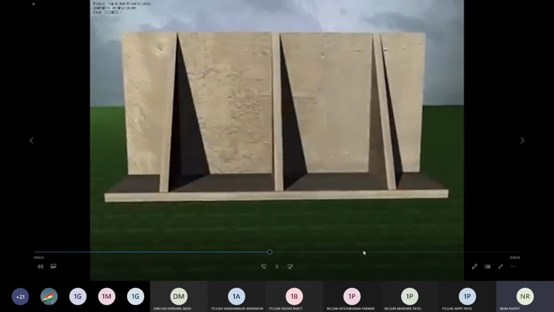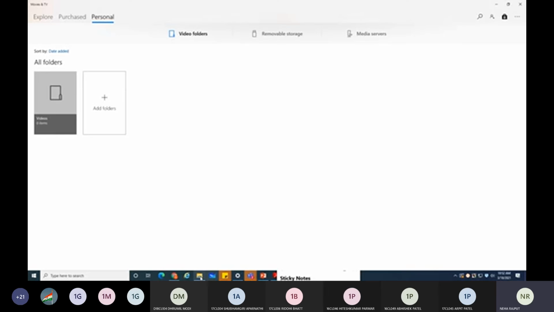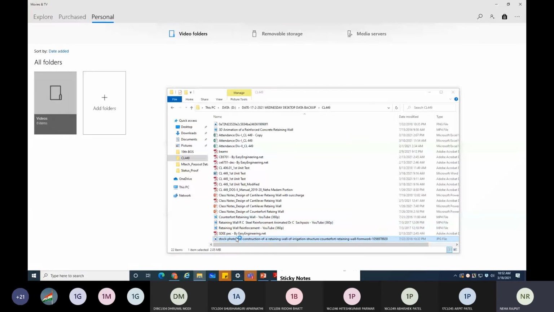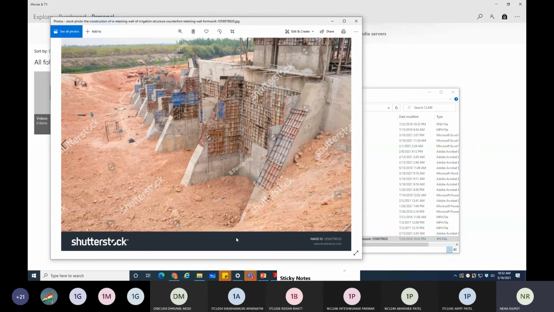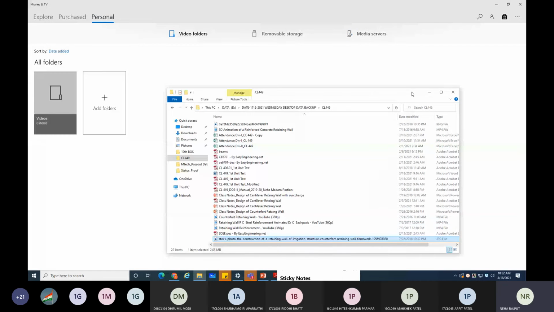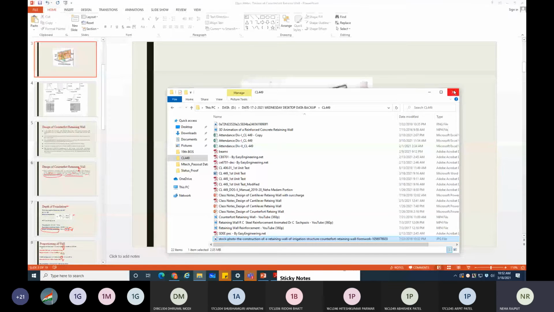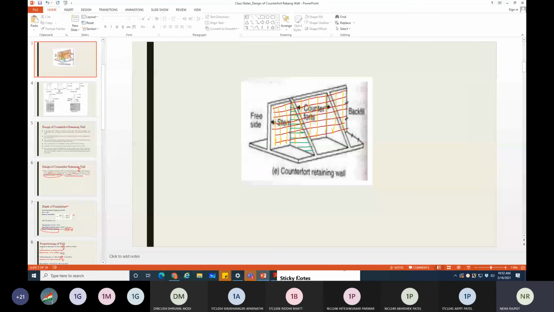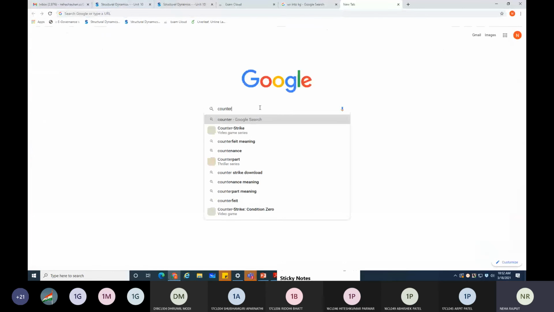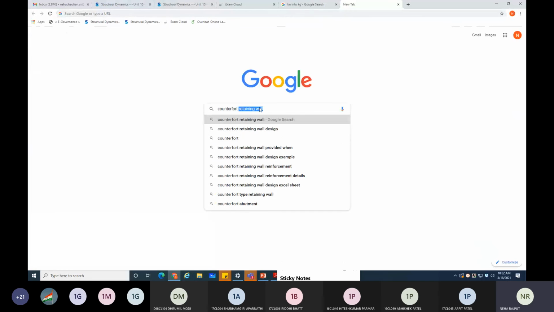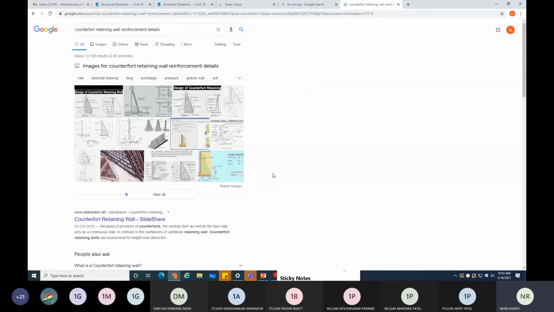Right? So just I am showing you the detailing also.